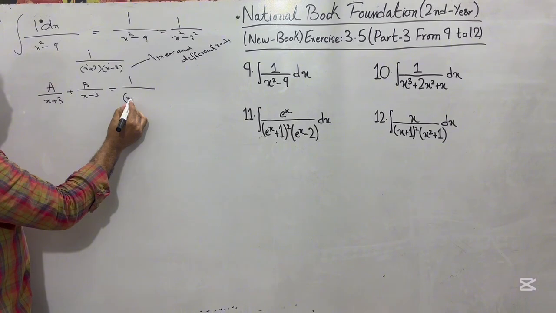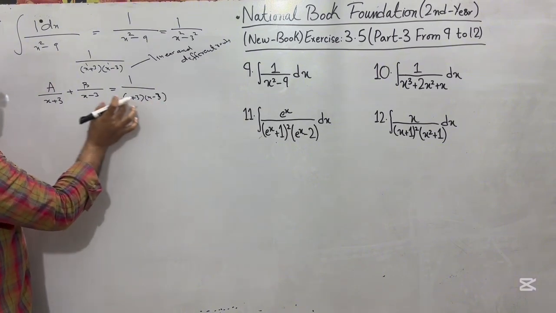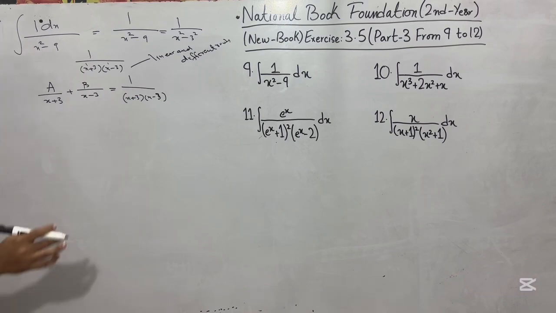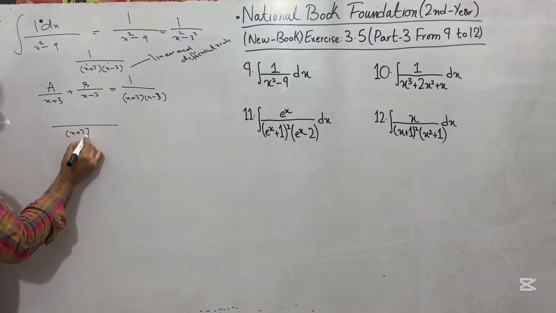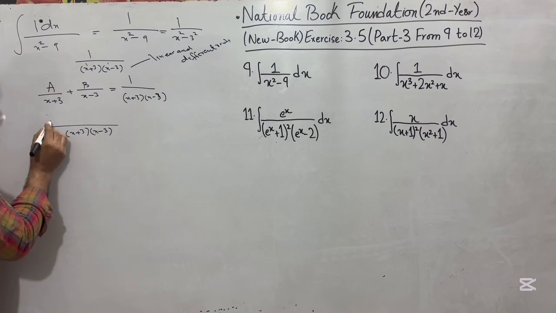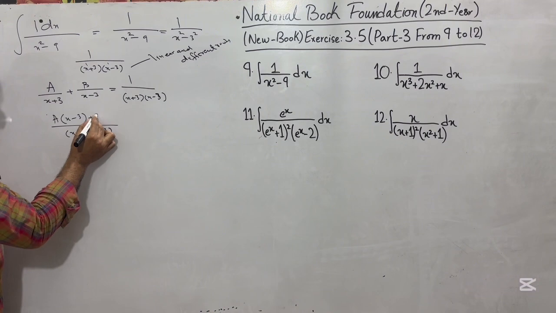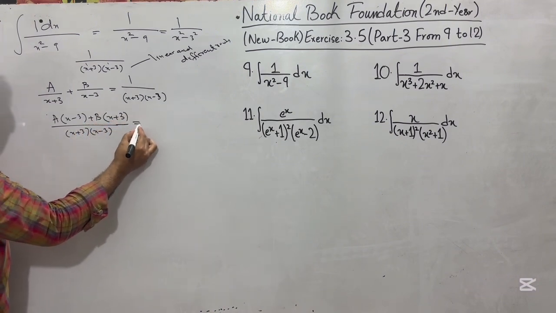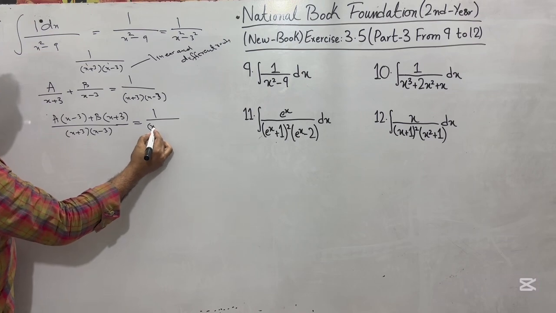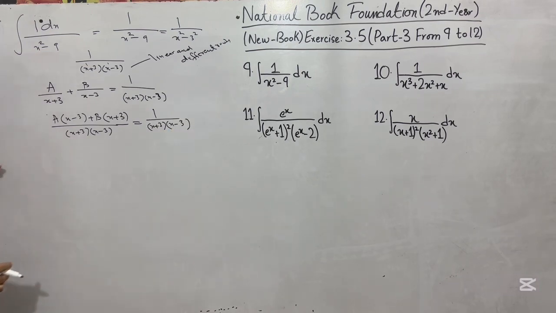We have assumed that 1 over x plus 3 times x minus 3 can be written as this. Taking the LCM, x plus 3 times x minus 3, that is a times x minus 3 plus b times x plus 3, over x plus 3 times x minus 3.